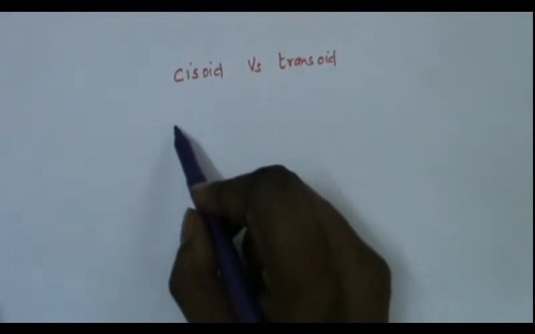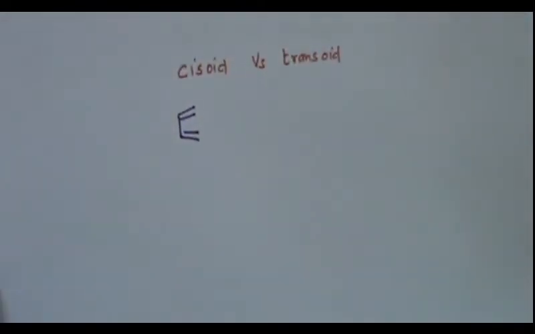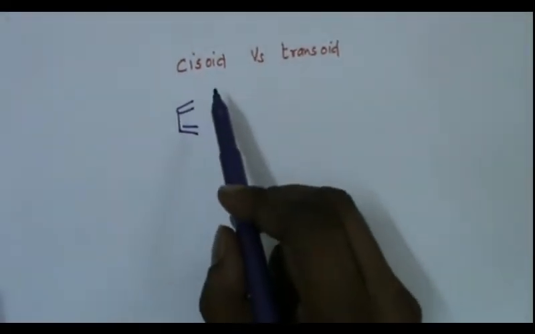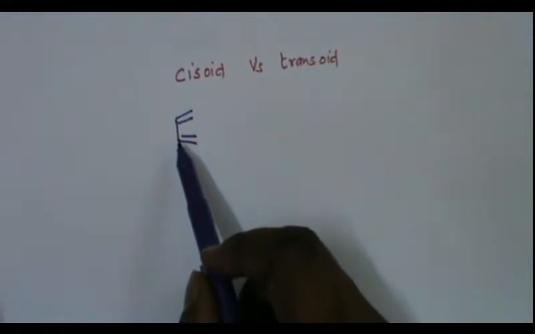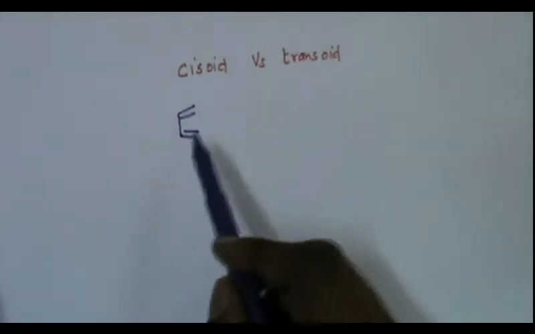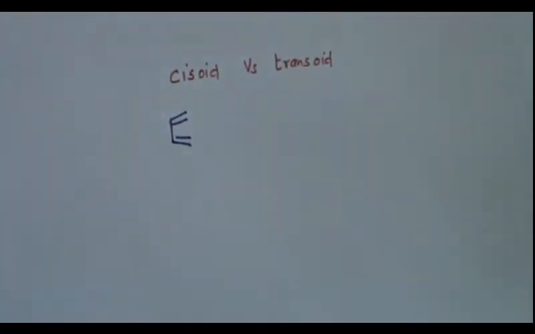That is, both the double bonds should face the same direction. Cis doesn't mean that it is Z olefin. Since there is only one substituent, there is no question of E or Z. The Cisoid refers to both the alkenes, they are facing the same direction.